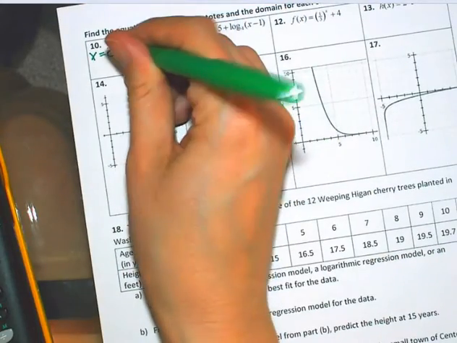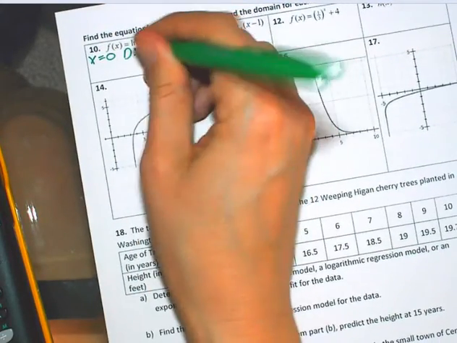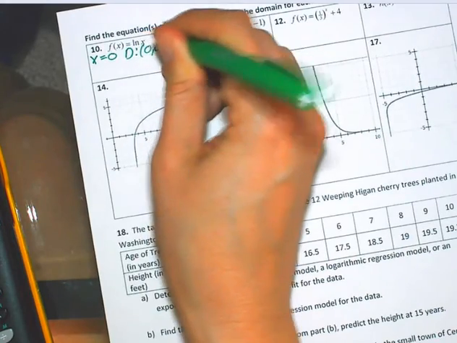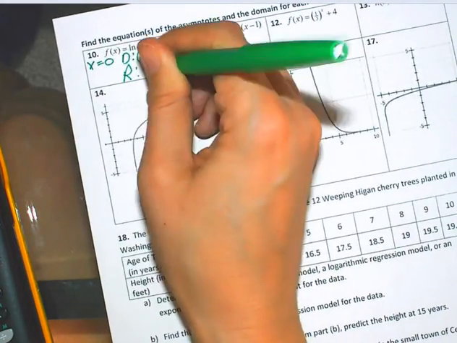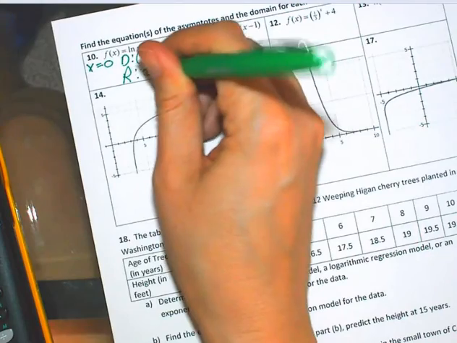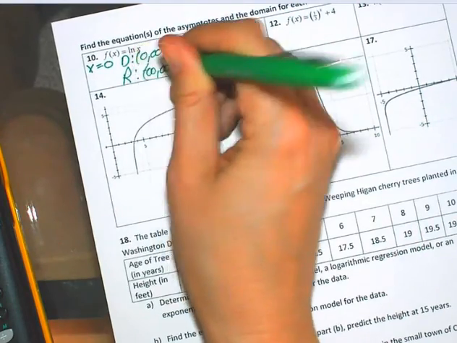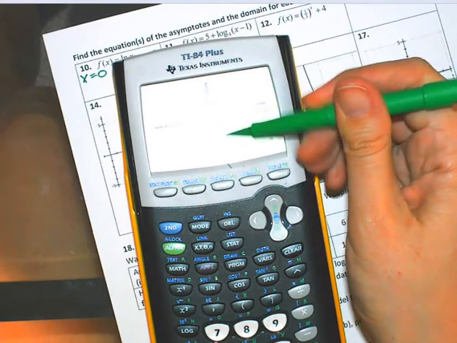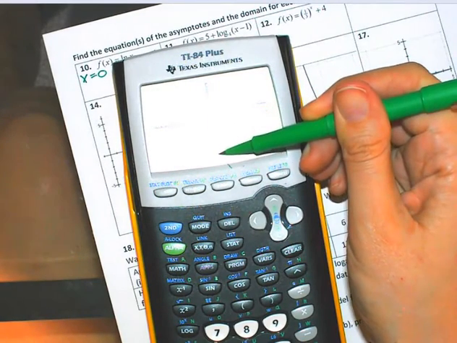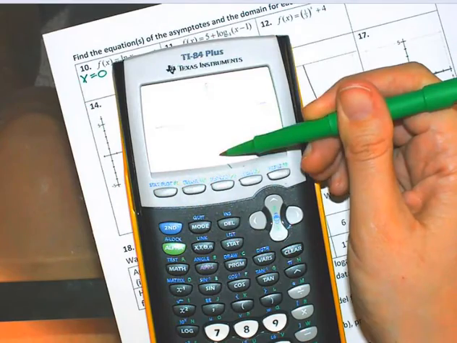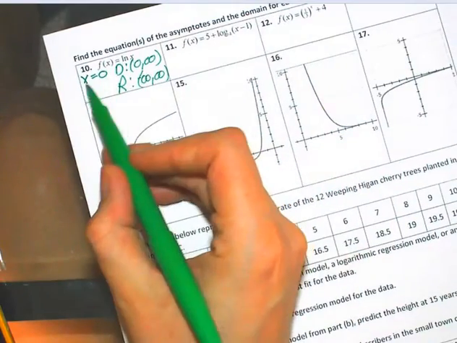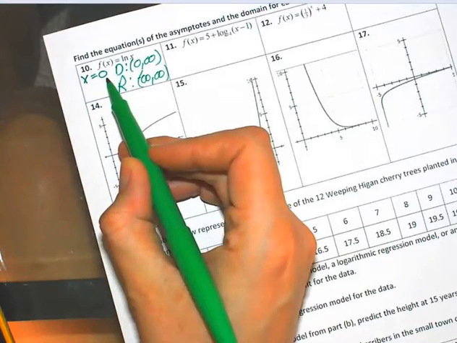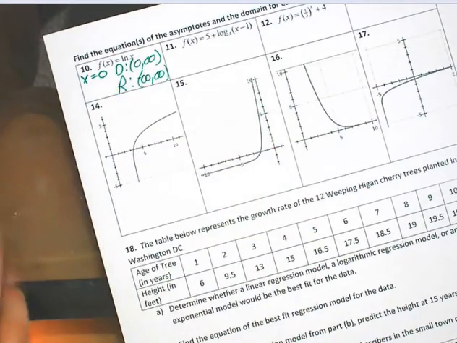So my domain is going to be 0 to infinity, and my range is going to be negative infinity to positive infinity. So remember, range is down here. And even though you can't tell on the calculator, this is going to keep going down to infinity and get closer and closer to the y-axis. And remember, the y-axis has an equation of x equals 0. Okay, so let's go ahead and go to the next one.